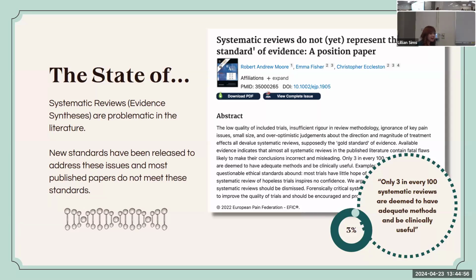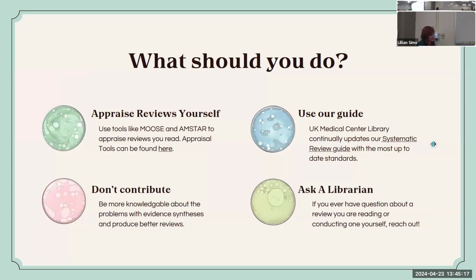This article, I point out to everyone I meet with. It was published in the European Journal of Pain, I believe, in 2022, a couple years ago. It found that only 3 in 100 systematic reviews are deemed to have adequate methodology and to be clinically useful.